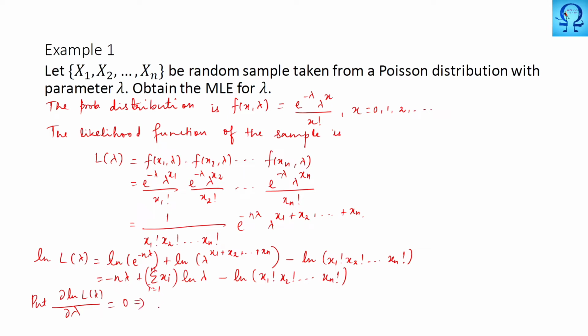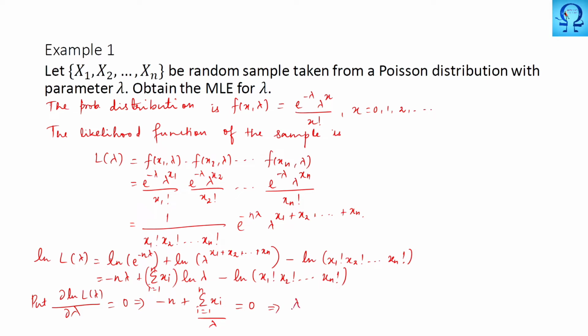So from minus n lambda, we get minus n. And from here, what do we get? We get summation i runs from 1 to n xi divided by lambda, isn't it? The summation is not affected by the differentiation, only this log lambda gets affected, that is 1 upon lambda, and this quantity is 0 since it does not have any lambda term.